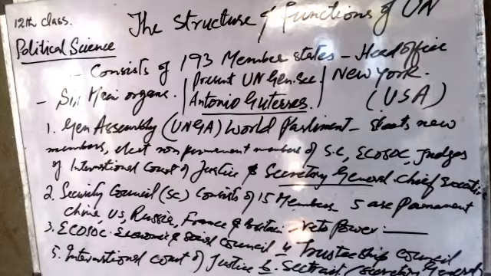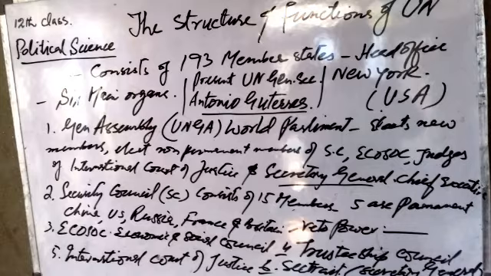The Security Council takes part in the election of the Secretary General and the judges of the International Court of Justice, and can recommend to the General Assembly for suspending any member of the UNO for persistently violating the Charter. This was the second organ of the UN.